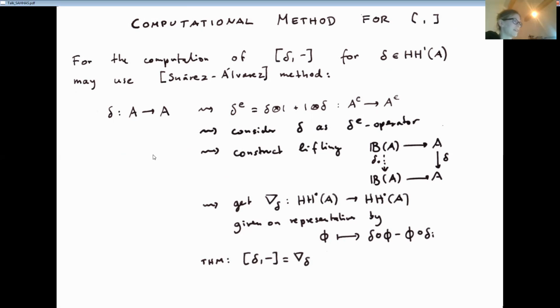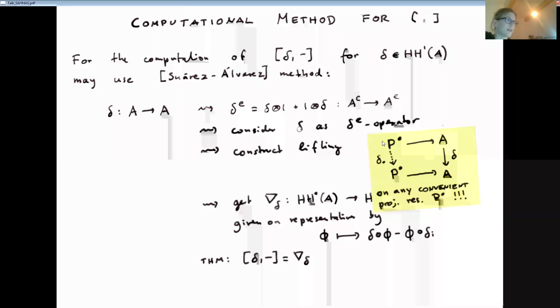And indeed, of course, one can go through this construction just for the bar complex at first, to consider just any derivation representing an element in HH1 of A, giving an explicit method how to obtain the Gerstenhaber bracket with such an element in terms of a much easier map that can be defined in particular on any projective resolution, so also nicer projective resolutions than just the bar complex.